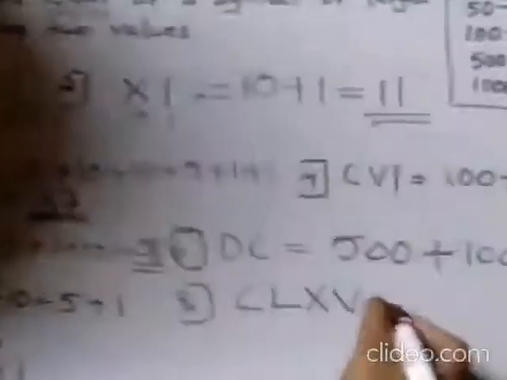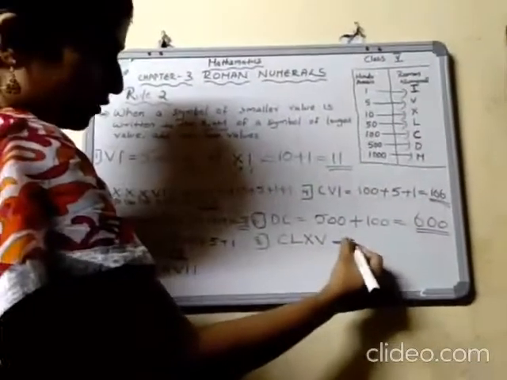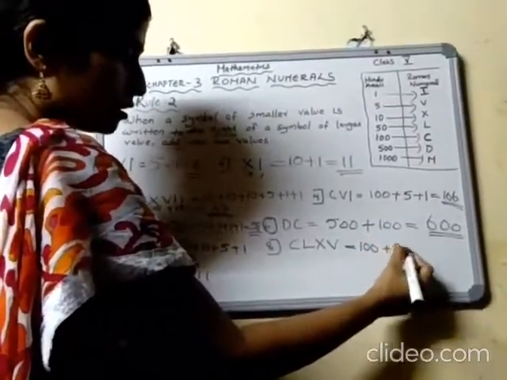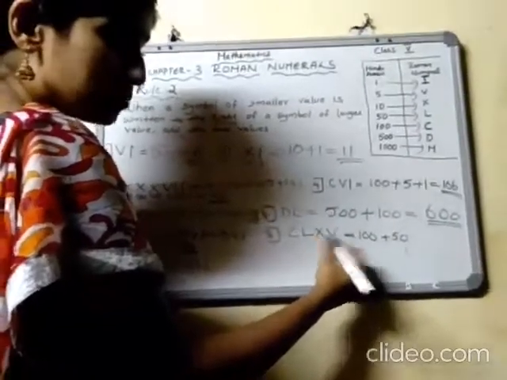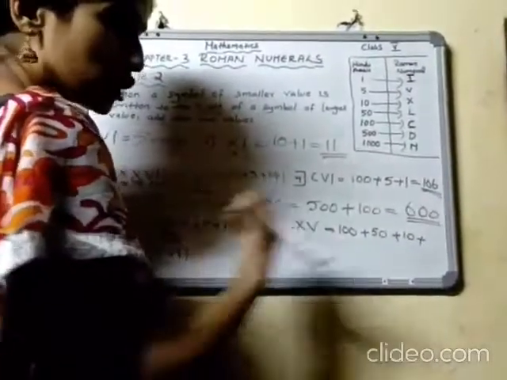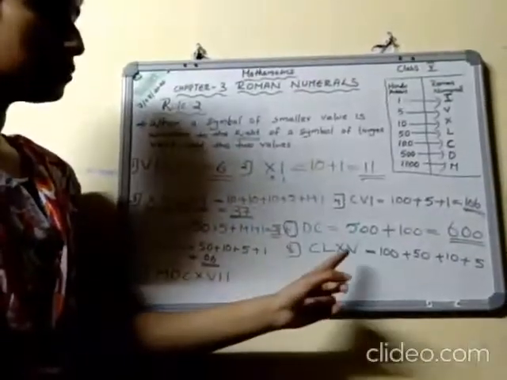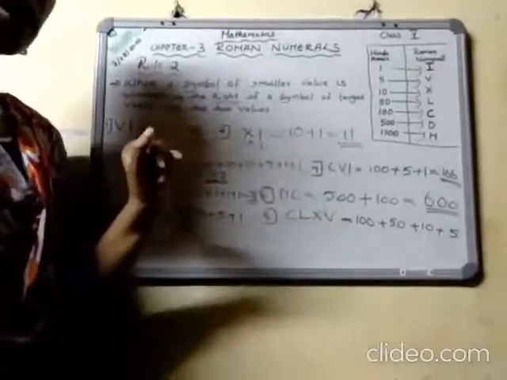See this one. C represents which number? 100. L represents 50. X represents which number? 10. And V represents which number? 5. We are adding here. Why? What is the reason for doing addition here?